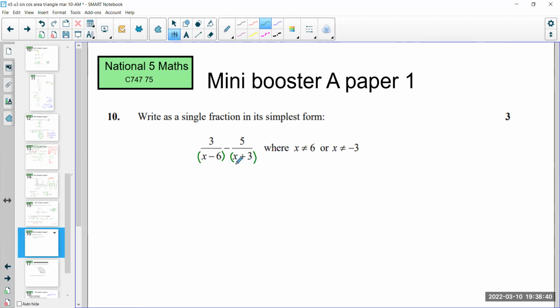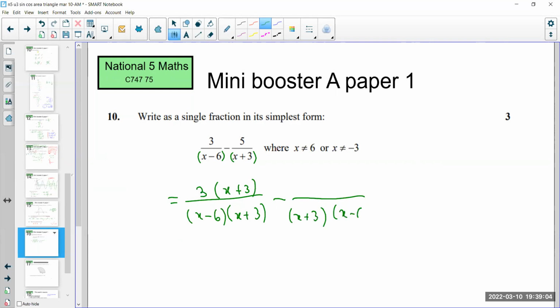You can't go wrong. So the solution for this is to make the common denominator x minus 6 times x plus 3. To get x minus 6 times x plus 3, you need to times the top by x plus 3. And for the next one, to make it again the common denominator x plus 3 times x minus 6, I need to times the top by x minus 6.